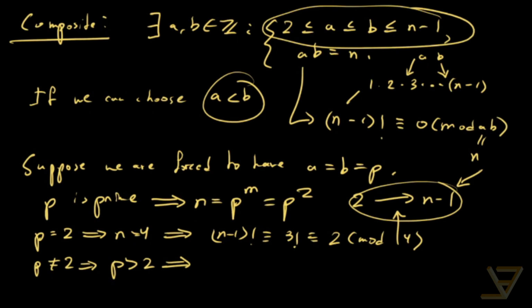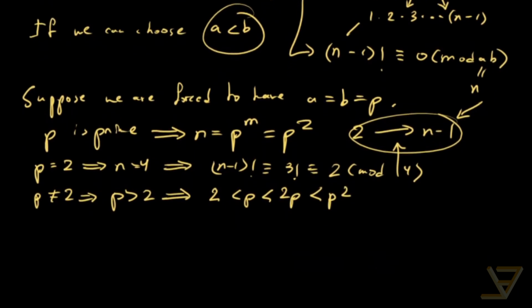What we get is that 2 is less than p is less than 2p is less than p squared. All these are true and you should verify them. They're very easy to verify. Just cancel common factors. Then what happens is that we can choose this to be a and we can choose this to be b, and we get 2p squared divides n minus 1 factorial.